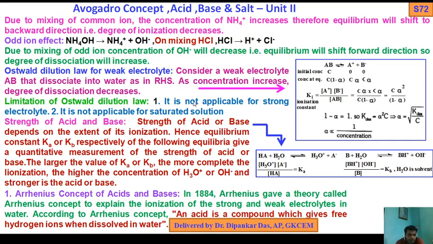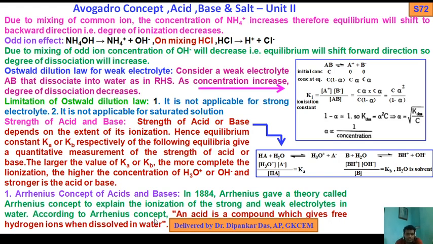Now the most important theory, the Arrhenius concept of acid and base. In 1884 Arrhenius gave a theory to explain the ionization of strong and weak electrolytes in water.